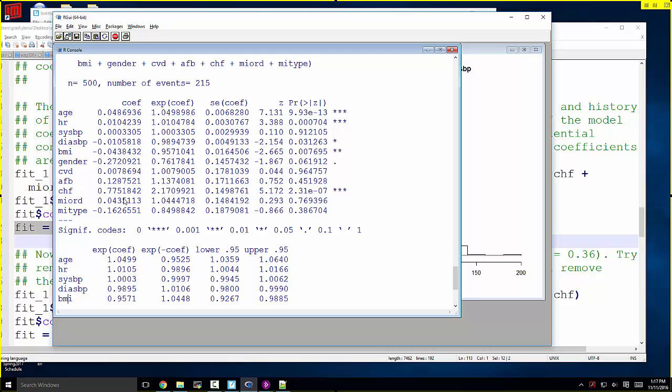Confounding is not the same thing as interaction. Interaction would say that the effect of one variable depends on the level of another variable. What confounding is doing is that the estimate of the effect depends on whether or not this other variable is included. You can actually get an incorrect estimate.